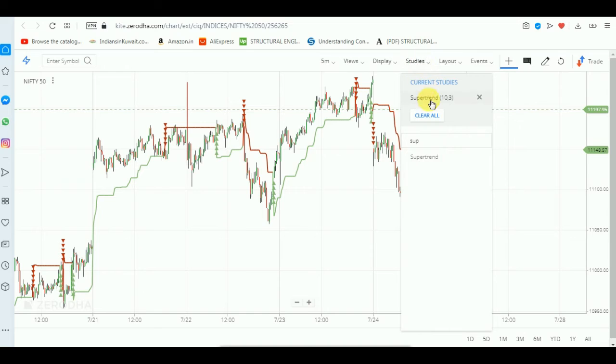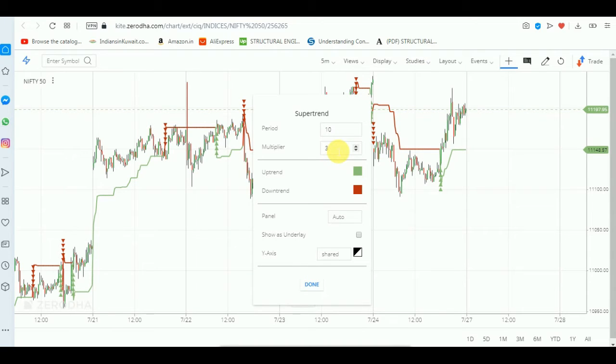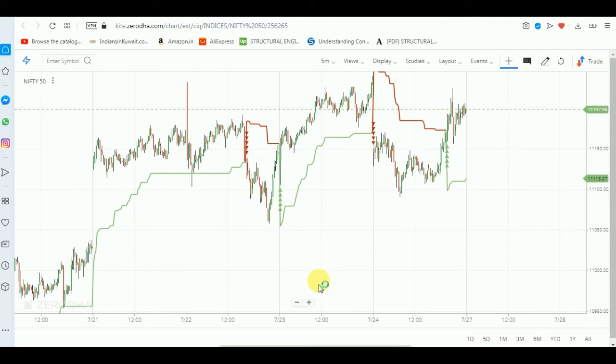At the same time, suppose I change the multiplier here. 10 is the period, and the multiplier I am typing as 5, right? Yes, now I can see a major change.